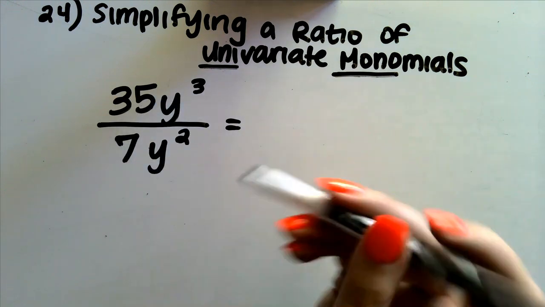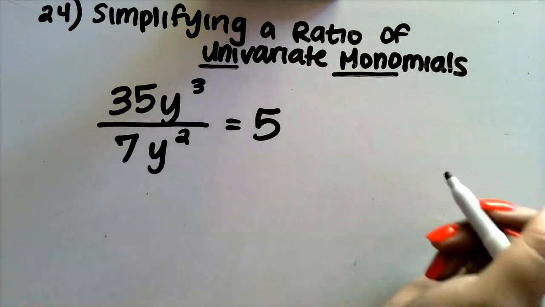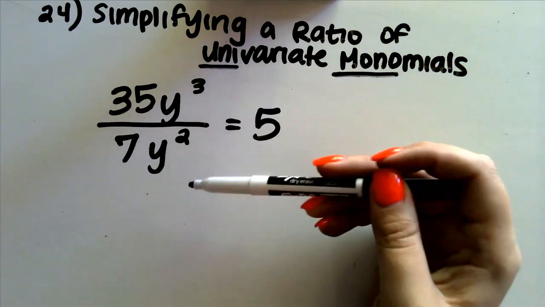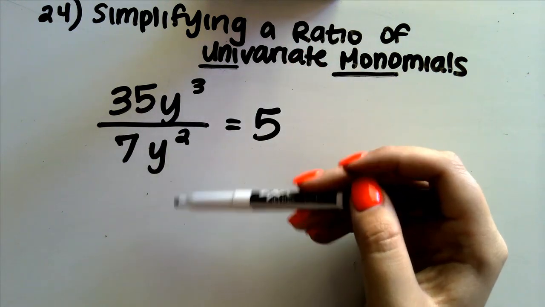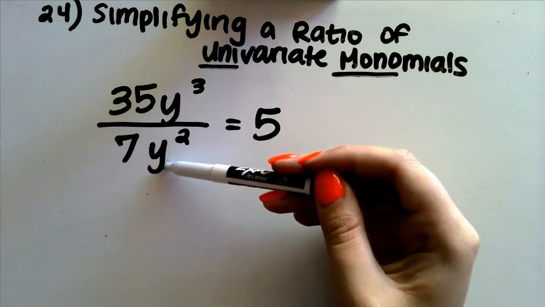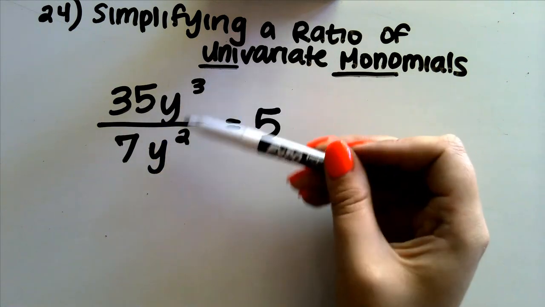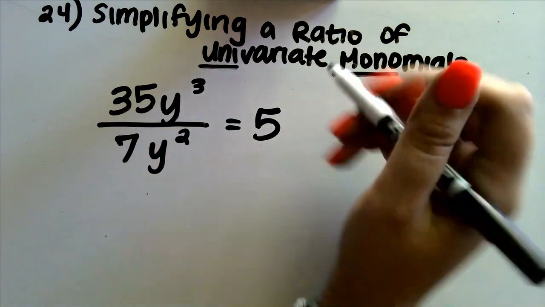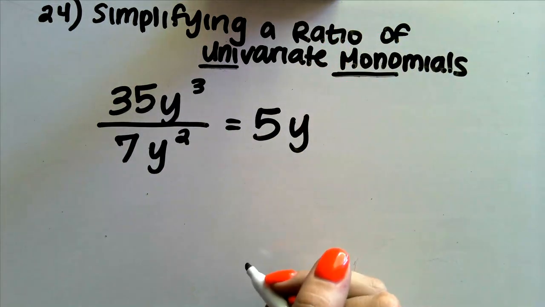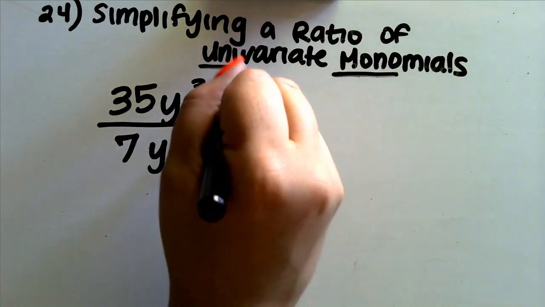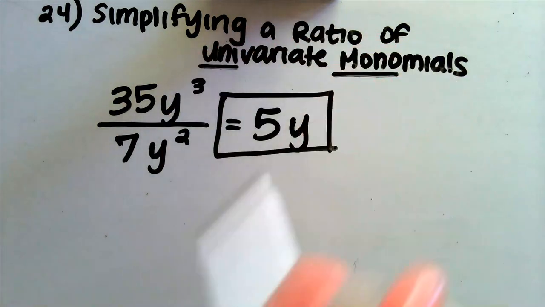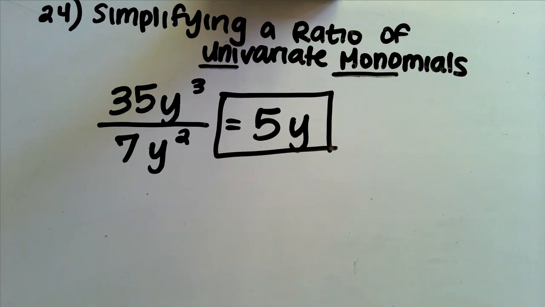So 35 divided by 7 is 5, and then we know, using our quotient rule of exponents, y to the third over y to the second, 3 minus 2, we are left with a single y. Our final simplified answer is 5y.